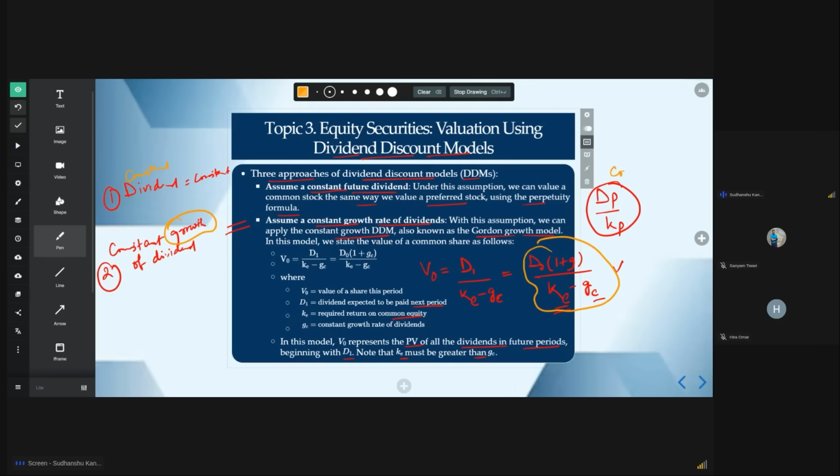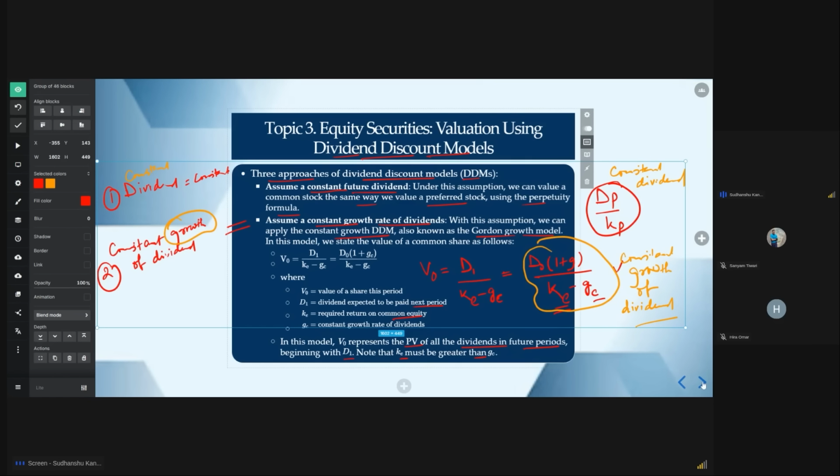This is constant dividend. This is constant growth of dividend. Please understand very clearly, both are very different. So read it very carefully when you are solving the question. If you miss the word growth while reading, you will put the wrong formula, you will get the wrong answer.